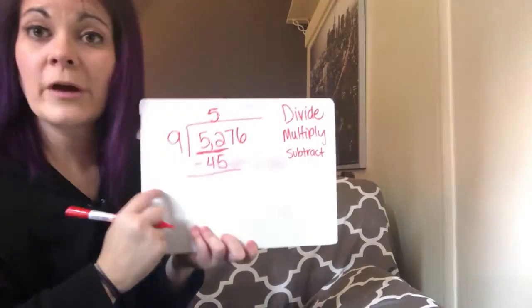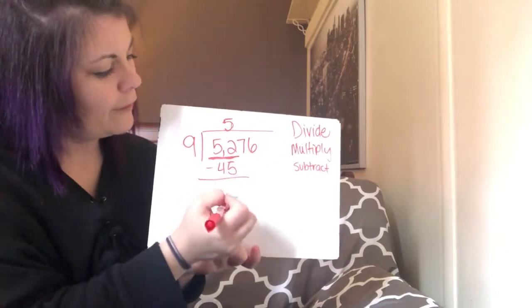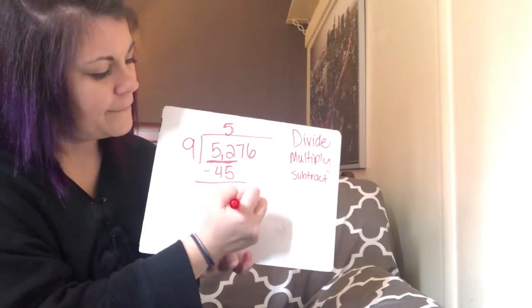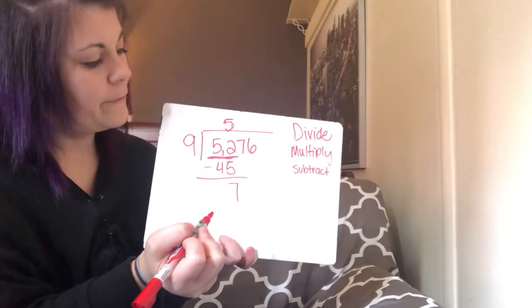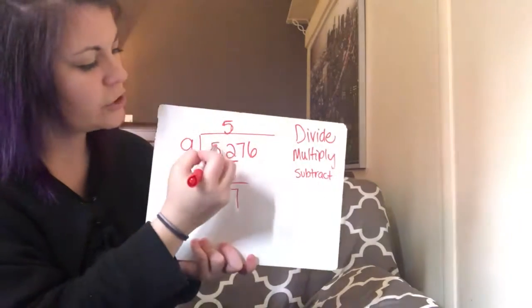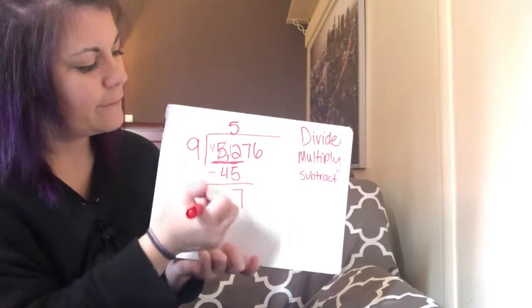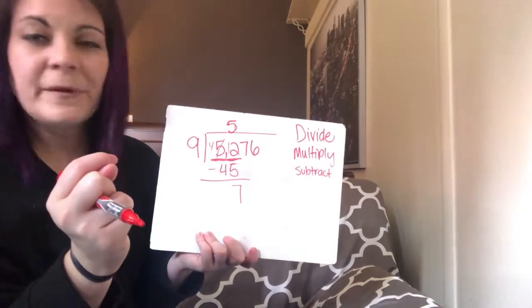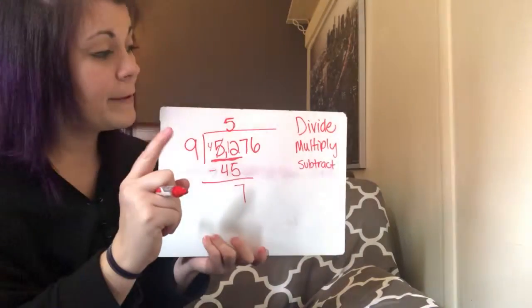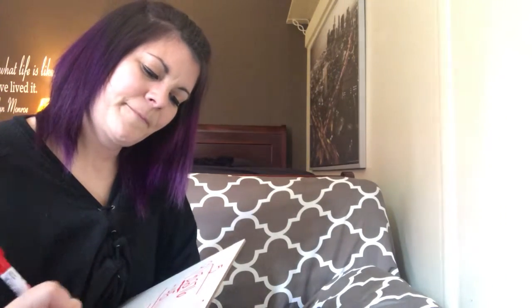So now we subtract 52 minus 45, which is 7. If you want to do the traditional subtraction where you borrow, 12 minus 5 is 7, 4 minus 4 is 0, that's totally fine. And the last step is to bring down.